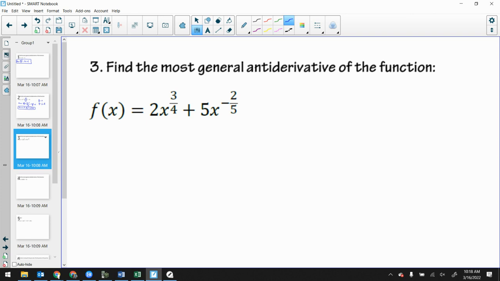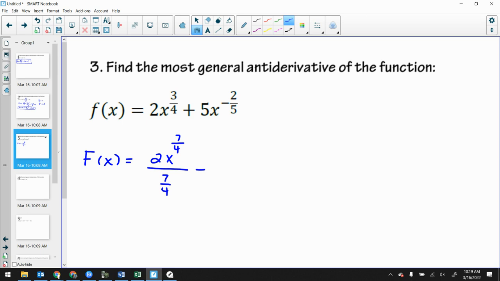So let's do the exact same thing that we always have done. Bump it up 1 whole unit. So this is 2x to the, 3/4 plus 1, 3/4 plus 4/4 is 7/4, over 7/4.